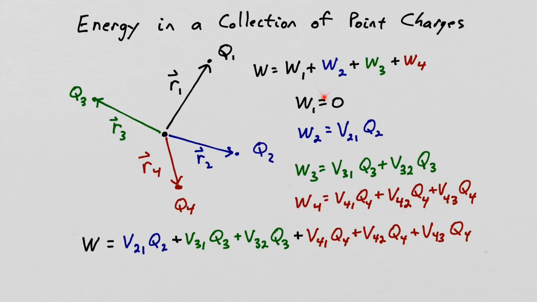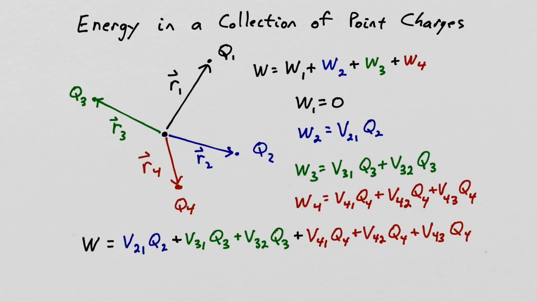This is essentially the process we just went through with that specific example, finding how much work was required to assemble those 3 charges. To get a general expression, let's go back and move all 4 charges to infinity, but bring them in the opposite order.